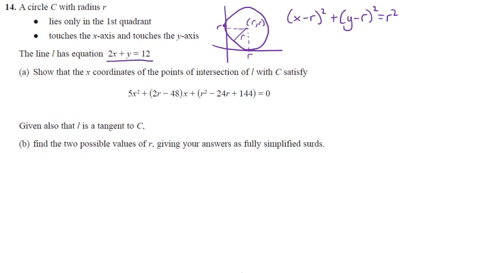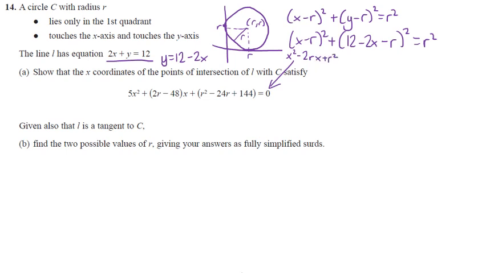And we're told that there's some line which intersects it. So if we rearrange that line into the form for y, we've got 12 minus 2x. So if we substitute that into the circle equation, 12 minus 2x in there, then we just need to rearrange it to show that we get this. So let's multiply everything out. We get x squared minus 2rx plus r squared.